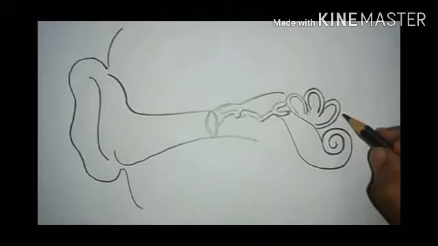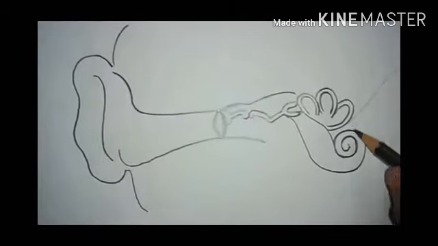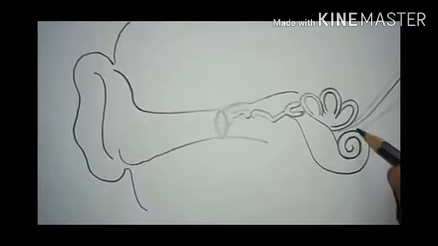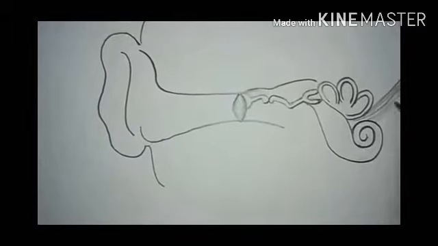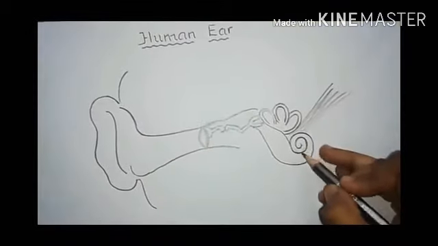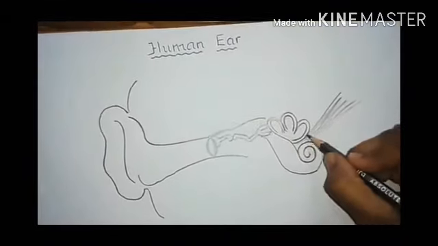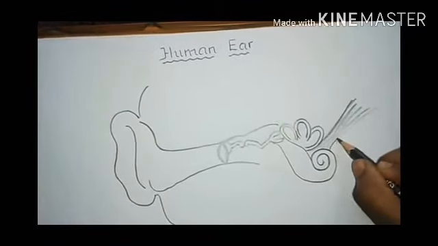Now from here, draw the auditory nerve. The cochlea contains the receptors which join together to form the auditory nerve.